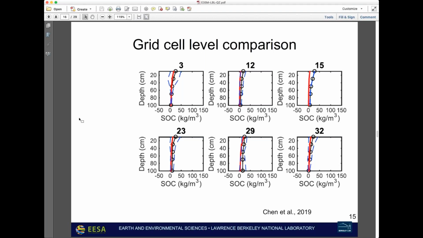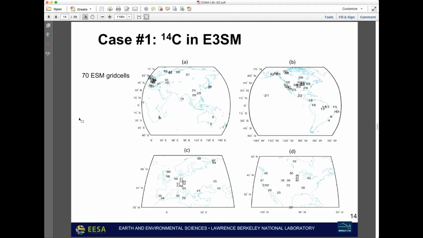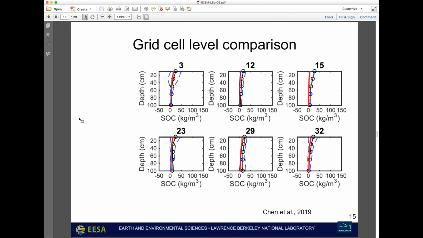These are just some examples because we have 70 sites, so I don't show every site here. I just show some representative sites, and those numbers 3, 12, and 15 correspond to the numbers on the global map. So for the soil carbon density, the model performance is quite reasonable.